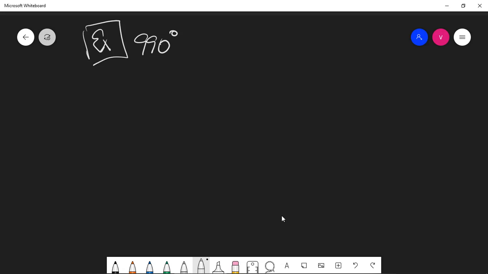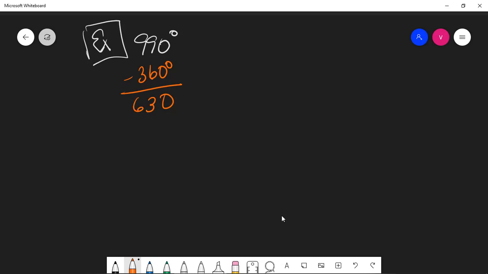990 is way more than one rotation, right? One rotation is 360 degrees. So what I would do is just subtract 360 degrees from this. Let's subtract one rotation from it, and you're going to get, what is that, 630 now? Is that correct?